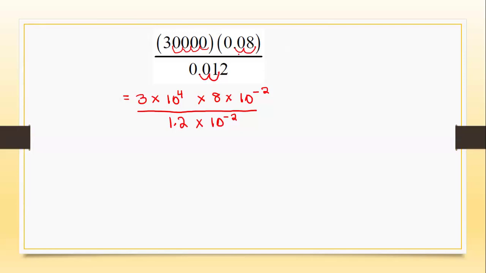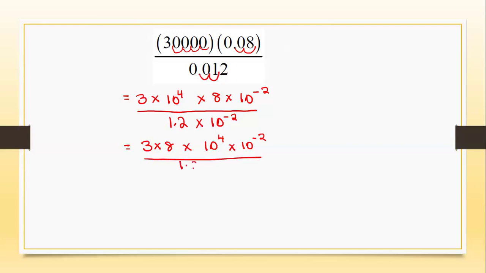When I moved it towards the right, my power is negative. Now I'm going to take my decimal numbers 3 and 8, multiply them together. 3 times 8. I can do it immediately, but I'm just going to set it up. Times 10 to the power of 4 times 10 to the power of -2.